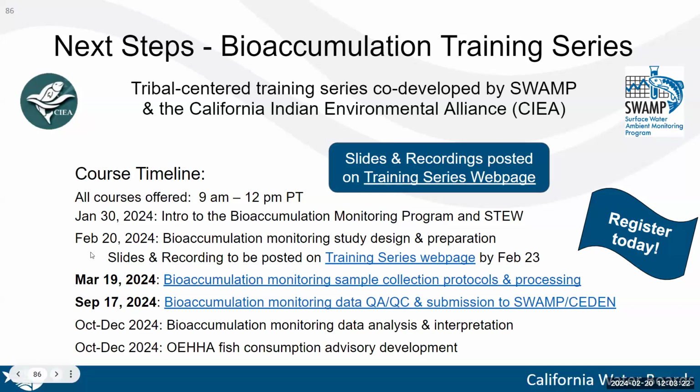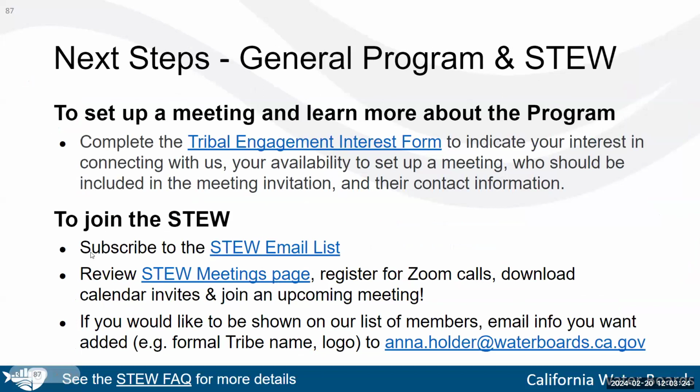As Jay mentioned, we want to partner with y'all, whatever that looks like for you. If you just want to have a one-on-one conversation with the SWAMP program, myself, we can invite others at your request. There's a link to this tribal engagement interest form.